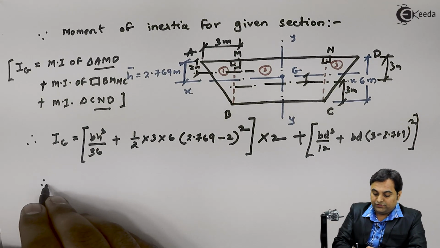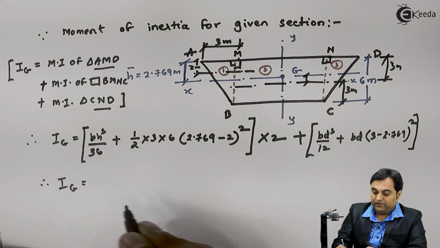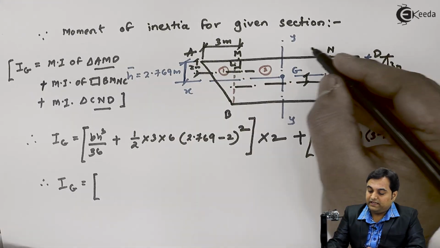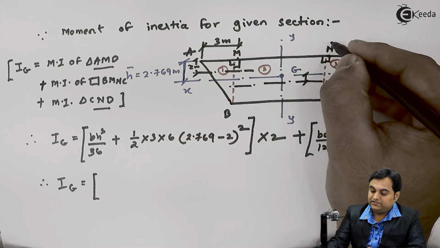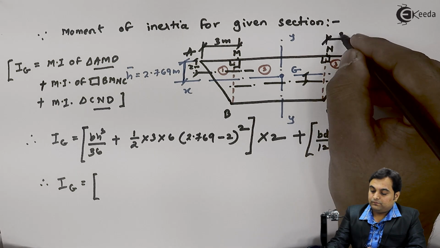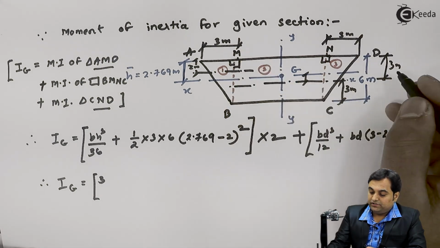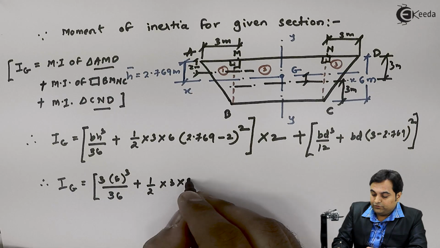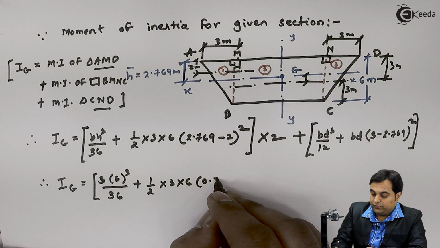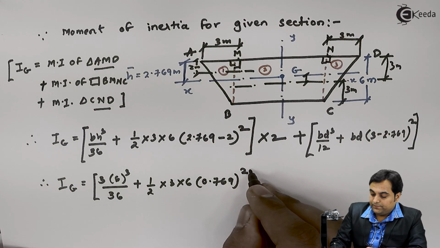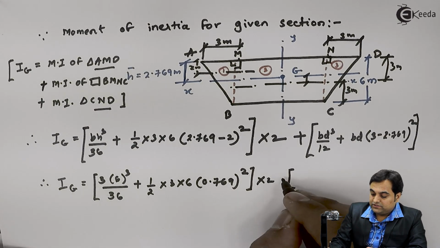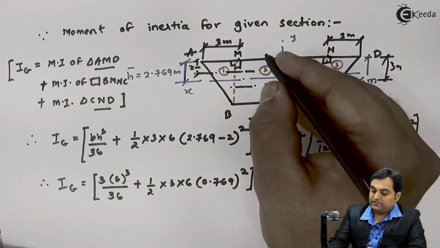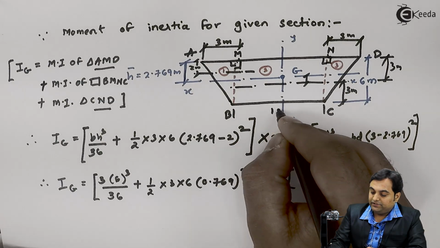Now here I will put the values, therefore I suffix g is equal to, B is the base of the triangle, it is 3 meter on both the sides, height h, that is 6, plus half into base into height, into 0.769 whole square, into 2, plus B is the width of the rectangle, and that width is given in the problem, it is 10 meters.